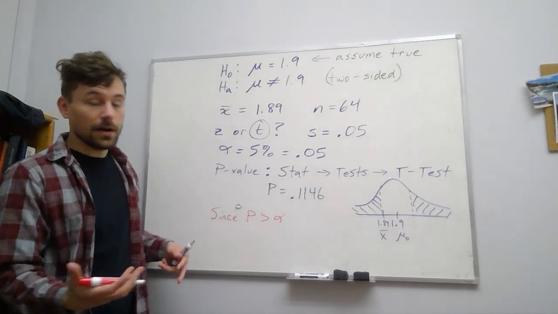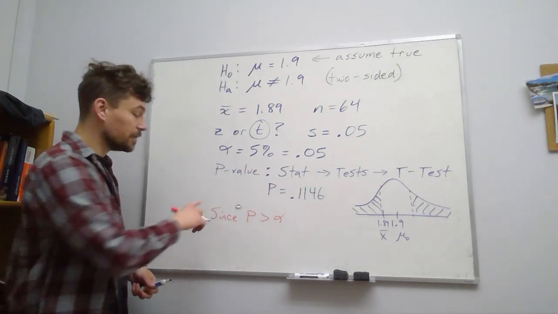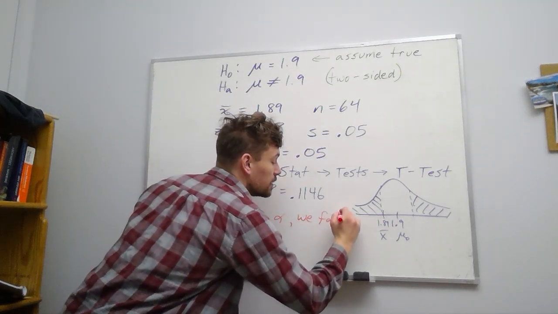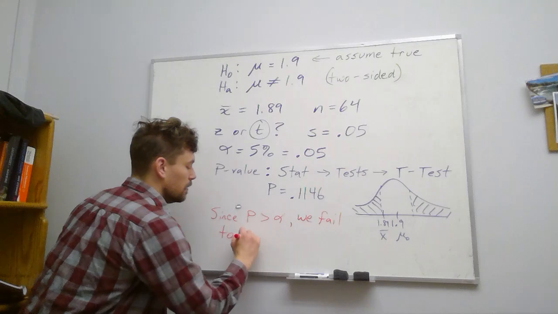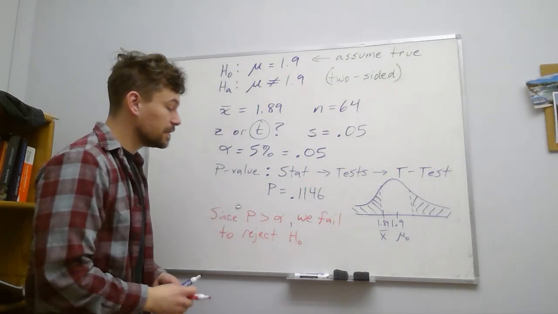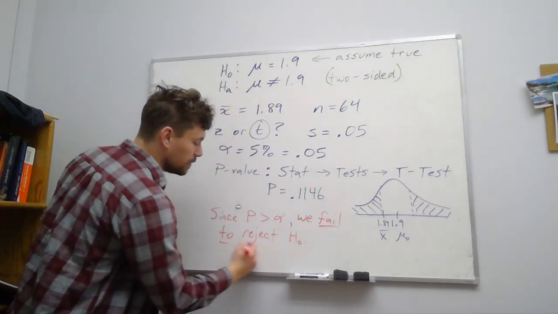That's not rare enough. We needed something less than 5%. So since that is the case, we fail to reject the null hypothesis.